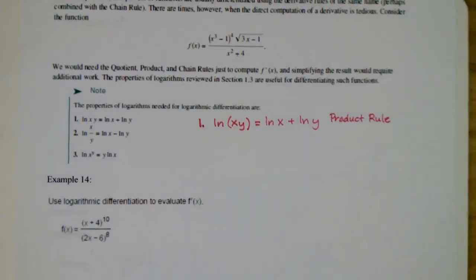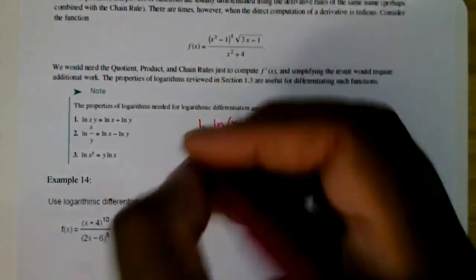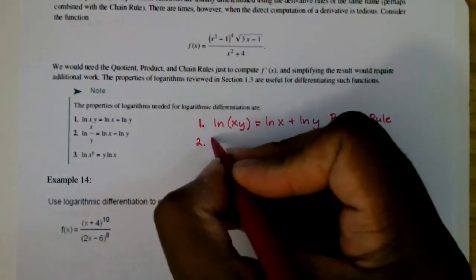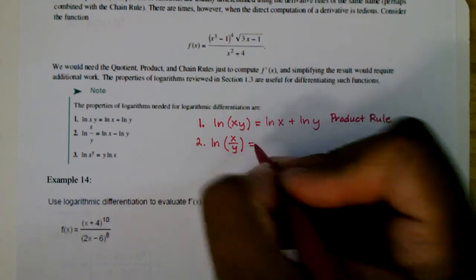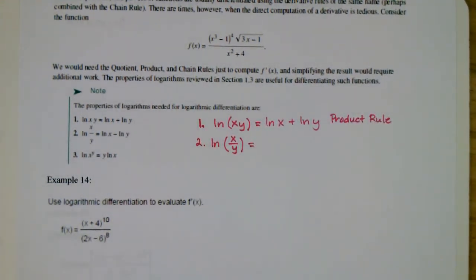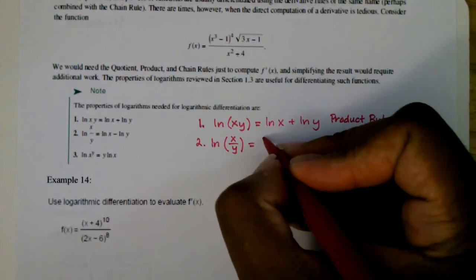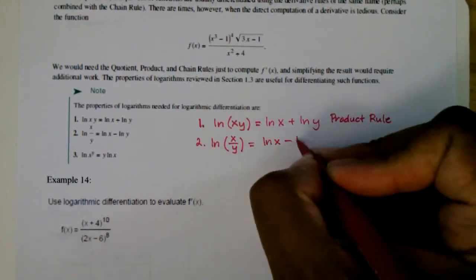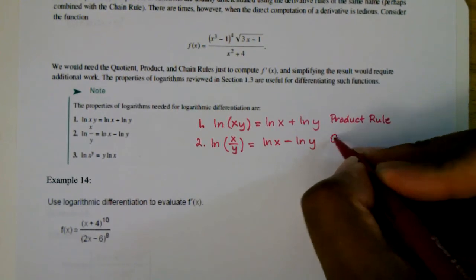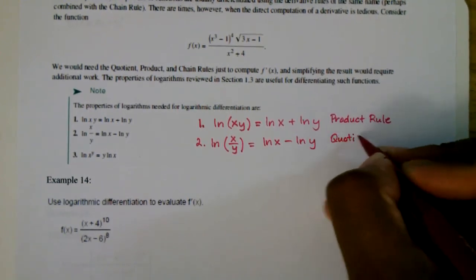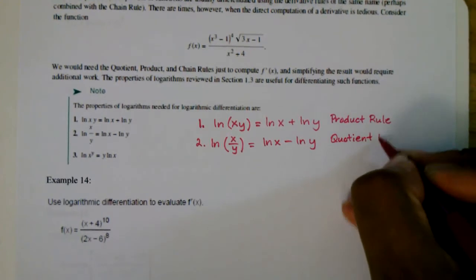Again, the log of the product is going to be equivalent to the sum of the individual logarithms. And then the second one, if you have the natural log of x divided by y, or the log of the quotient, that's going to be written as the difference of the individual natural logarithms. So this right here is the quotient rule.